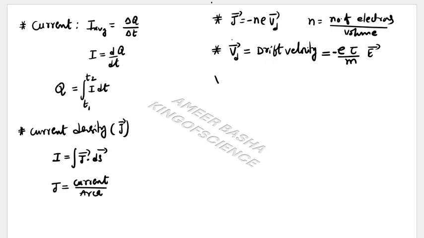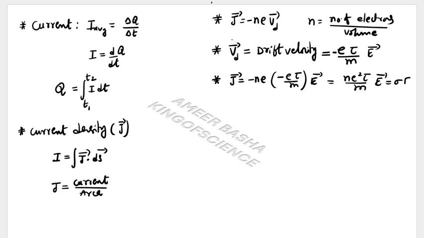So from these two relations, what can I write? J is equal to minus Ne times drift velocity, minus e tau divided by m into E. That is J is equal to N e square tau by m into E, that is sigma into E. So here e is the electric charge and tau is the average relaxation time.